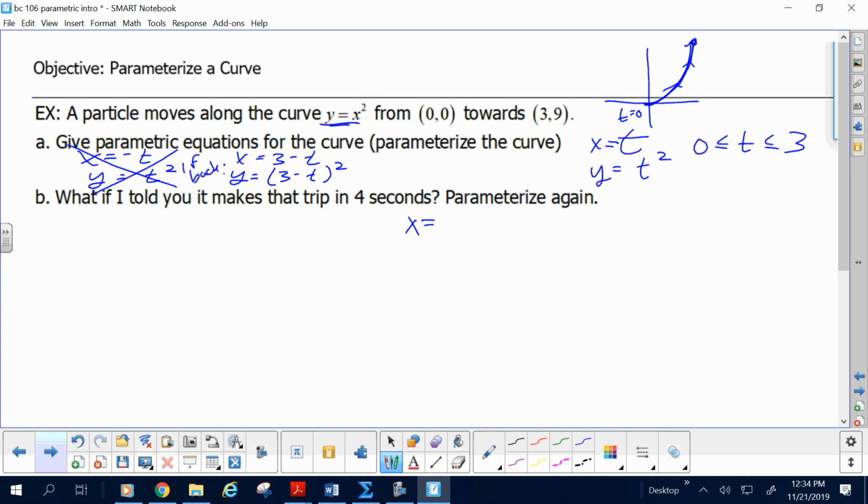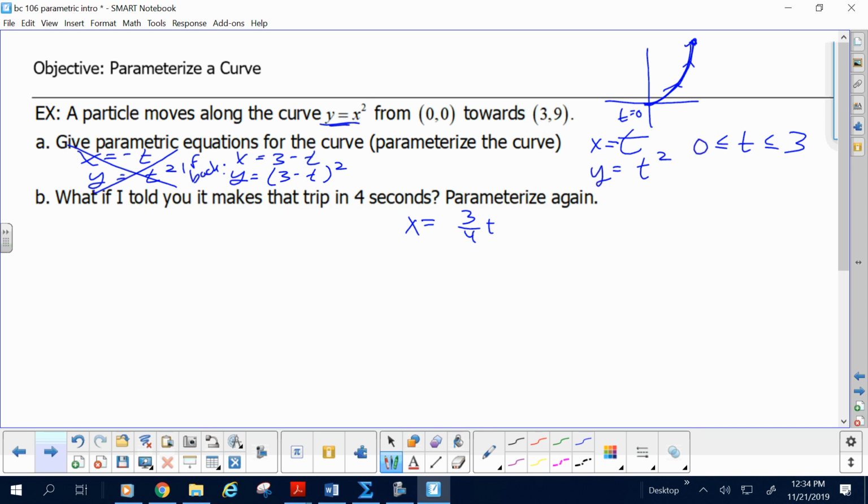It's still going through the same points. The time is different. x is 3/4 t. Okay, let's check the times. Does that make sense? At time 0, is it at the starting point 0, 0? Yes. At time 4, is it at the ending point, x equals 3? Yes. So for x, it looks good.